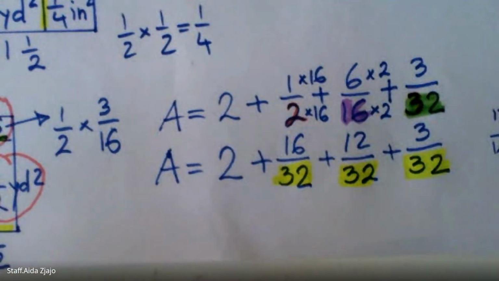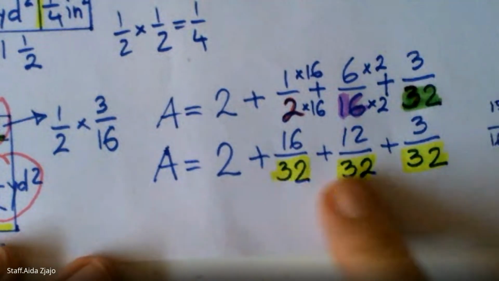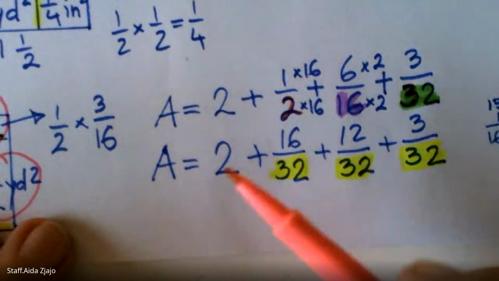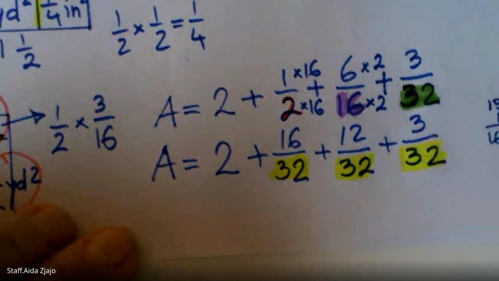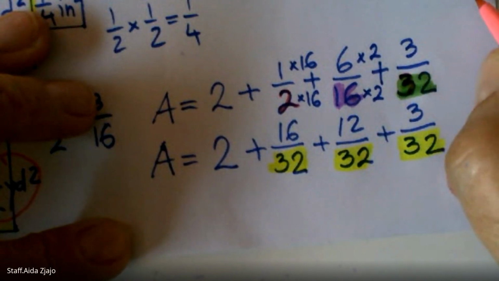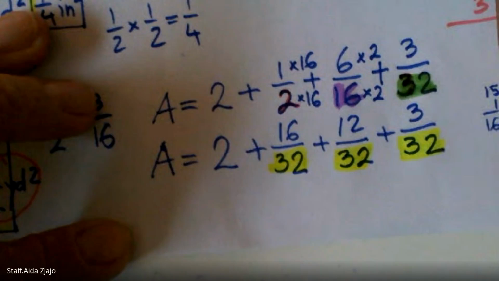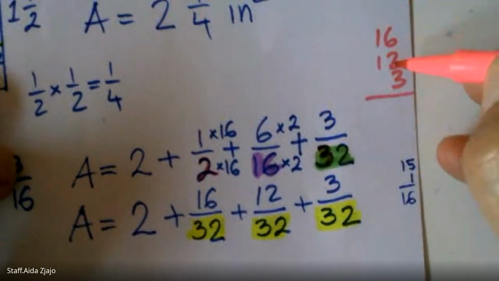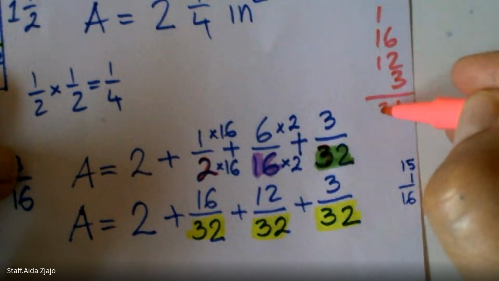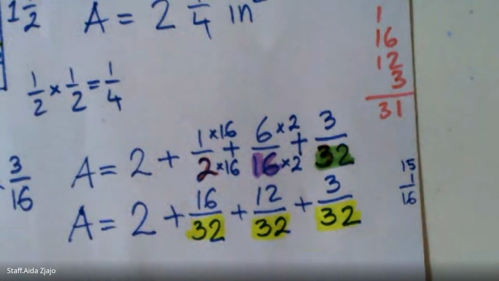That means I couldn't add them, but now I can. Pieces are the same size. 16 plus 12 plus 3. 6 and 2 is 8, 9, 10, 11. Remember 1, so it is 31.